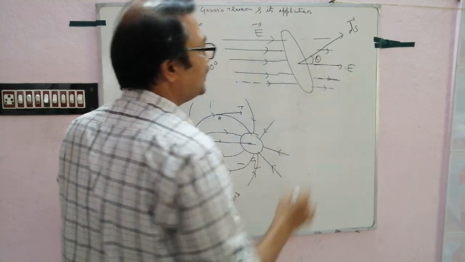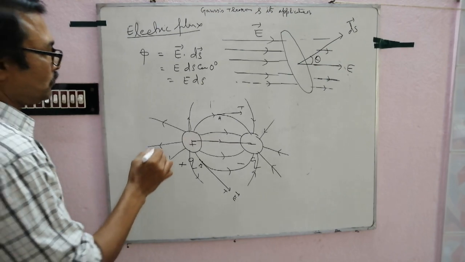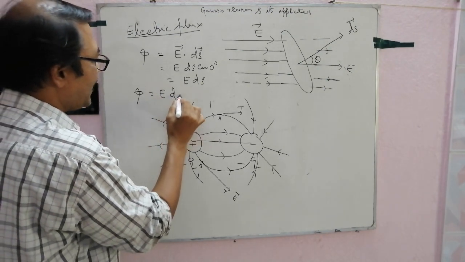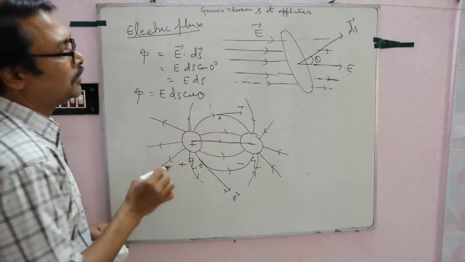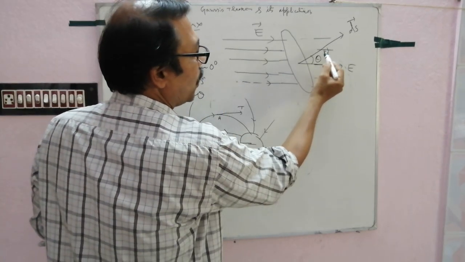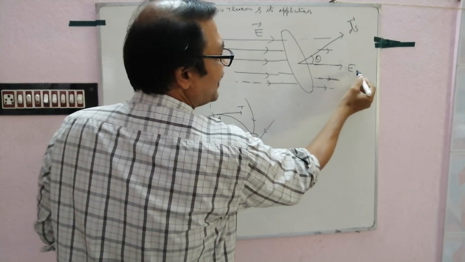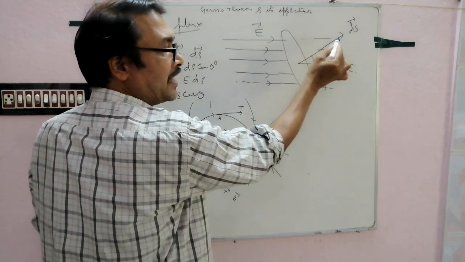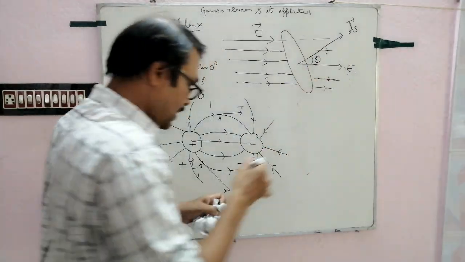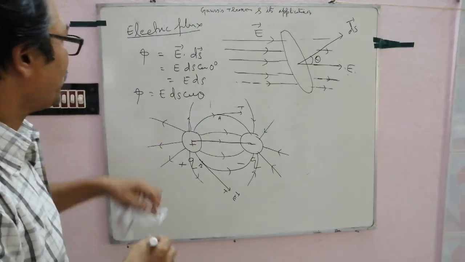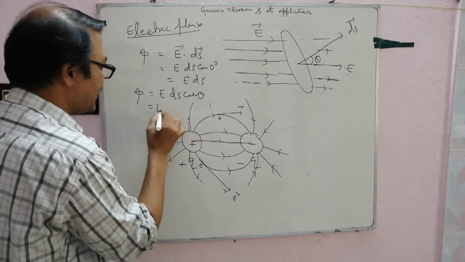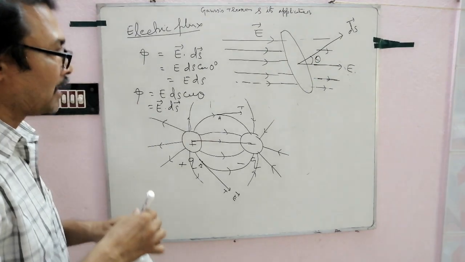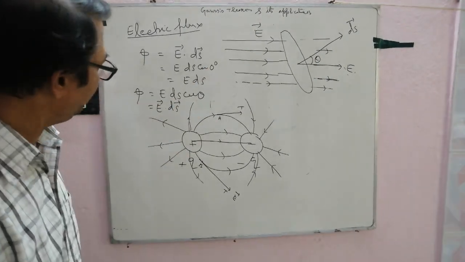Suppose this angle is theta. So phi equals E dS cos theta. The component of dS towards E is dS cos theta, because dS is a vector quantity. So E dS cos theta, that is E dot dS. This is the total flux through this area.